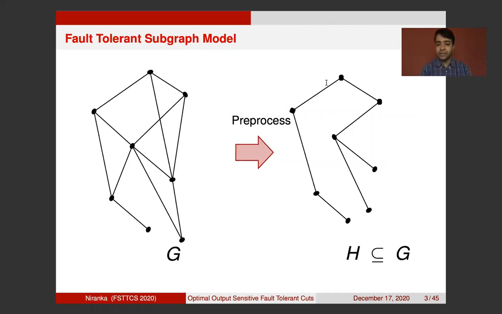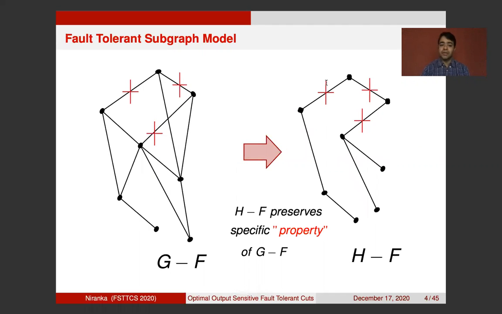Given a graph G, we need to pre-process that graph and store an induced subgraph, capital H of G, such that on some edge deletions or vertex deletions, which we denote by this term capital F, which means edge faults or vertex faults, for any capital F many faults, H minus F preserves some specific property of G minus F. And your specific property may be any of your favorite problems that you can consider.